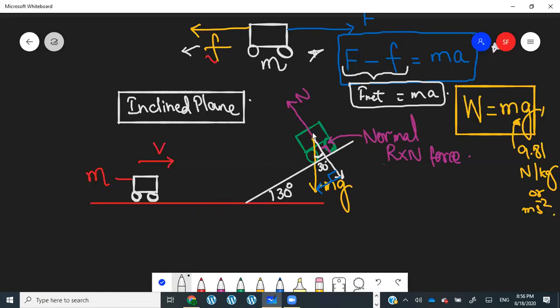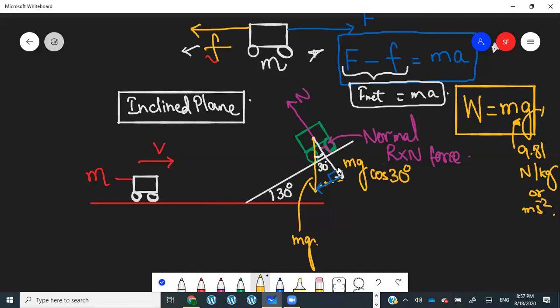Now, if this weight is mg, this yellow vector is mg. Let me write it somewhere down here. This is mg. What's going to be the value of this white force? mg cos 30, right?